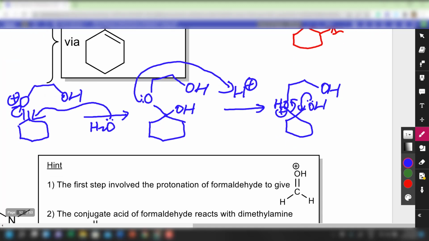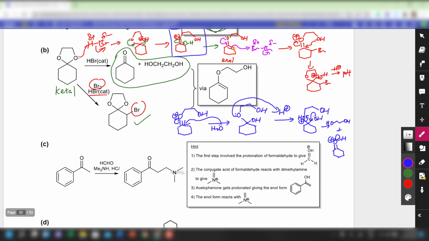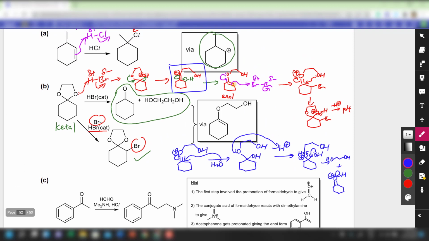So I'm going to draw the diol here, kicked out, and then I will get a carbonyl oxygen with a +1 formal charge. So this is the conjugate acid of cyclohexanone, and then the OH bond will hydrolytically cleave to regenerate cyclohexanone.